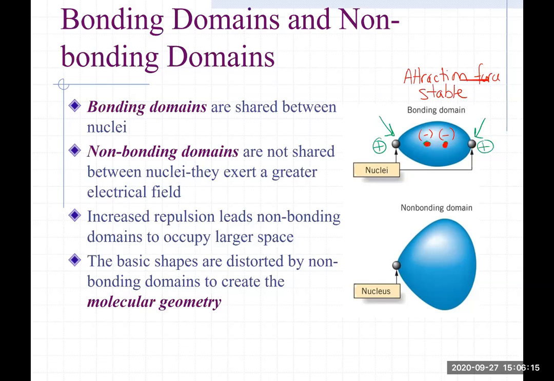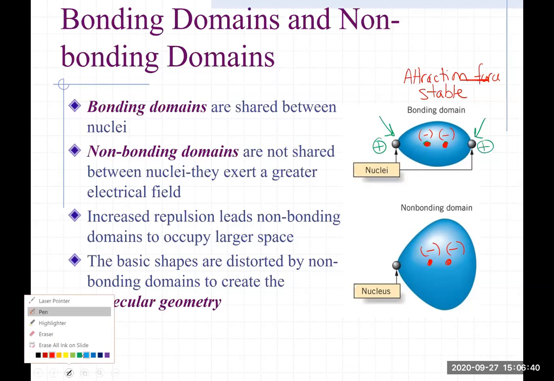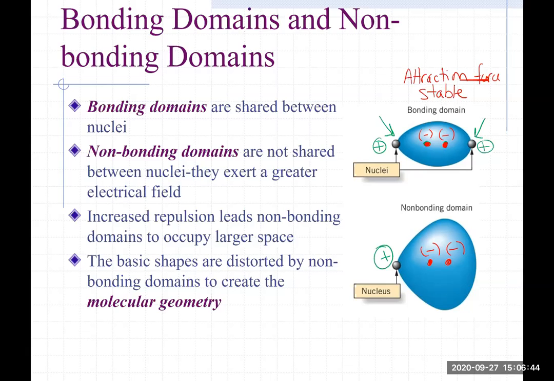On the bottom of this screen, you can see that we have only 1 nucleus and we still have a lone pair here. So we still have 2 electrons here. Both of those electrons in that lone pair have negative charge, but there's only 1 positively charged nucleus to stabilize both of those electrons.